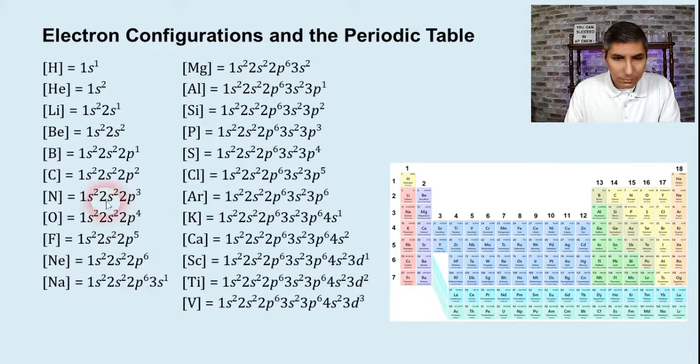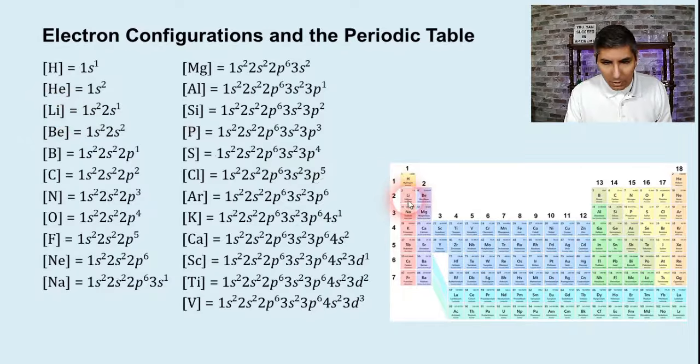I'd like for you to look at some of the patterns. The first pattern I'd like for us to look at has to do with some of these in the first column or the first group of the periodic table. For example, hydrogen right here has an electron configuration of 1s1. So that's the first one we have. Now look at the element right underneath it, which is lithium.